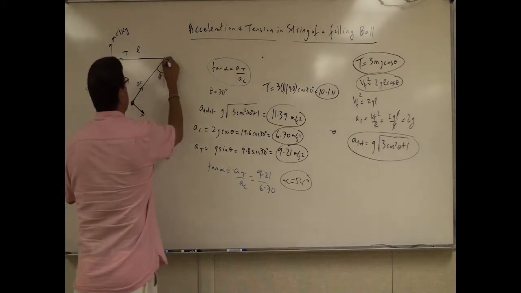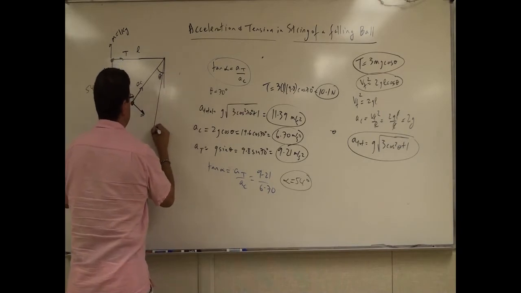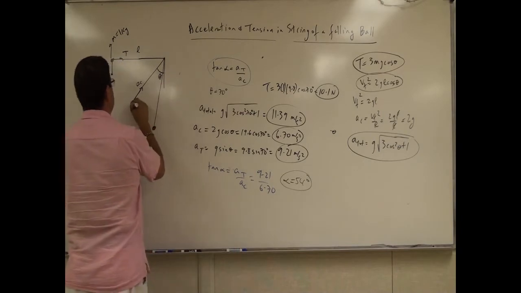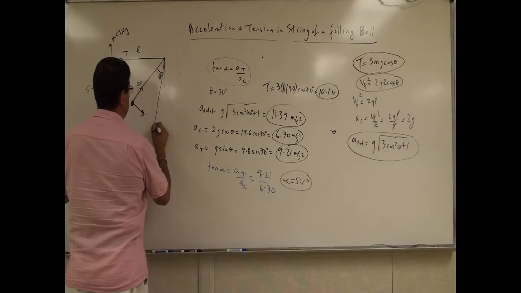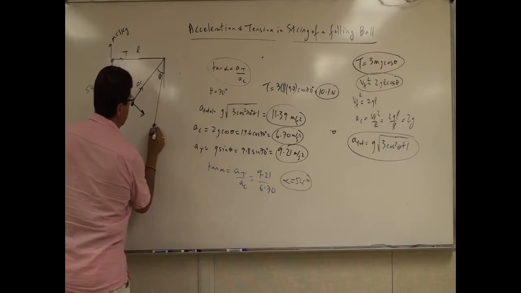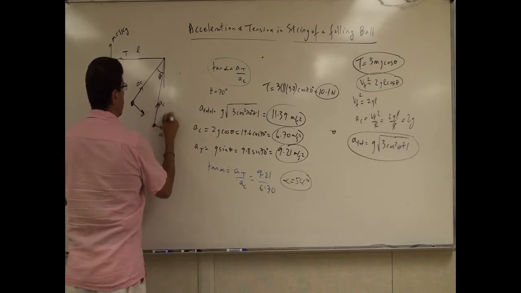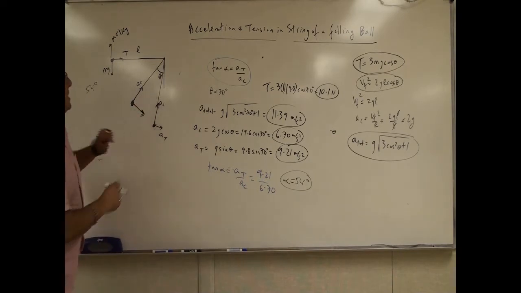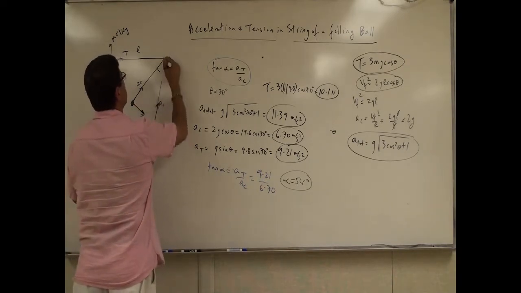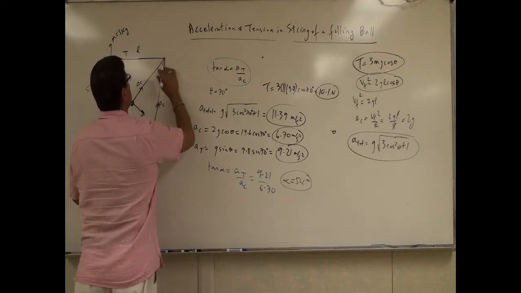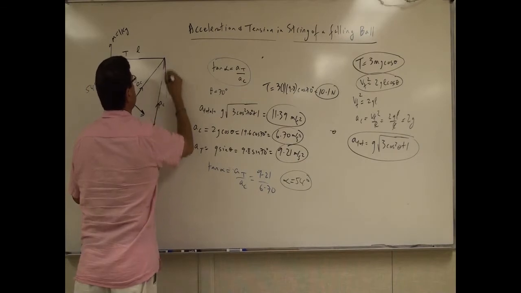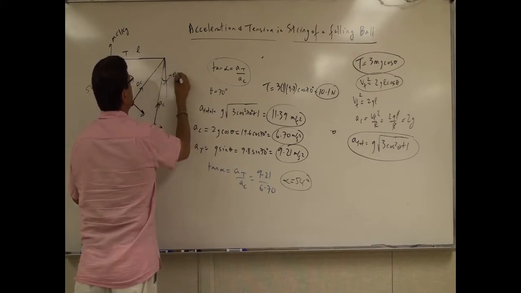So if it goes all the way down here, right? A tangential is now going to be smaller. A centripetal is going to be larger. Okay, so now let's say the theta is equal to 20 degrees.